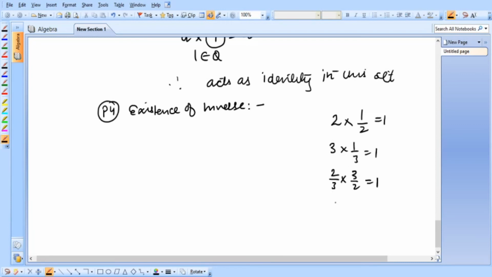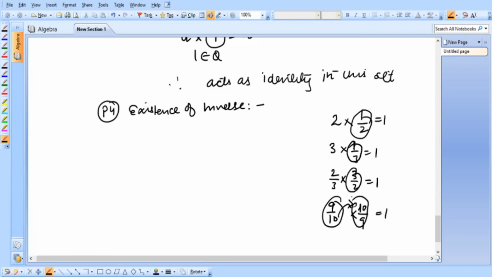Also some other rational number like 9 over 11, the inverse of this is 11 over 9. And 1 by 2 is rational, yes, it is rational. This is also rational. All these numbers are rational.